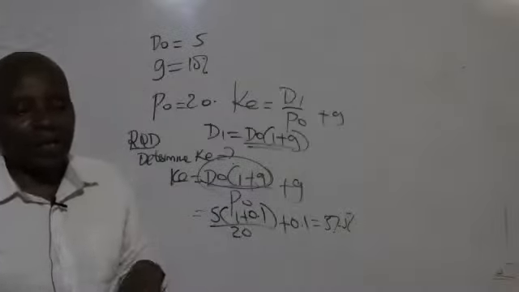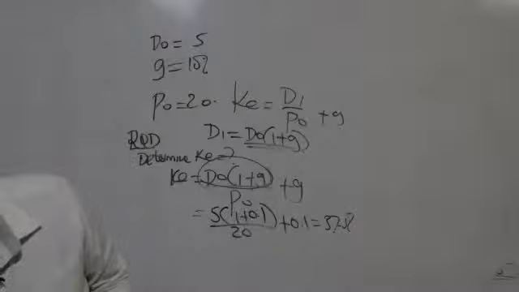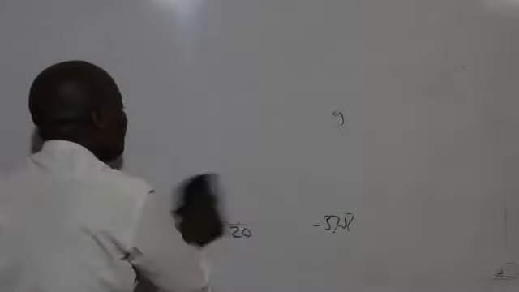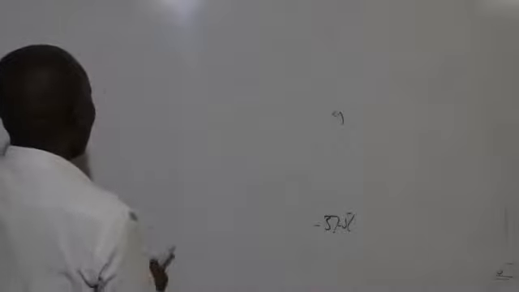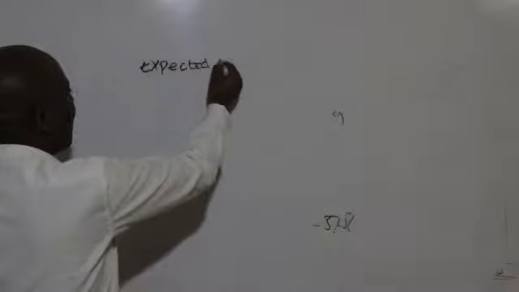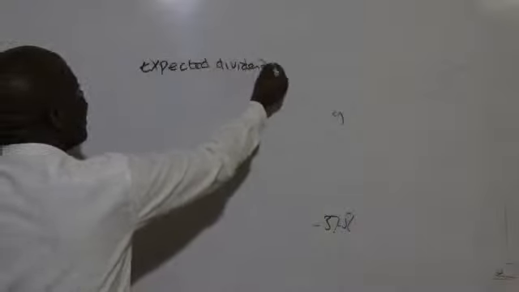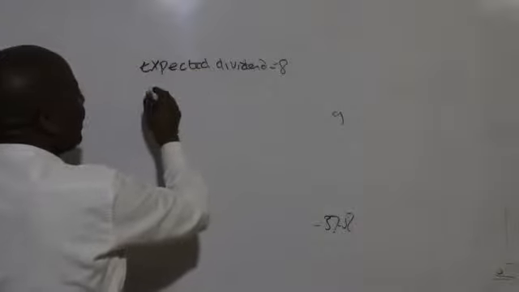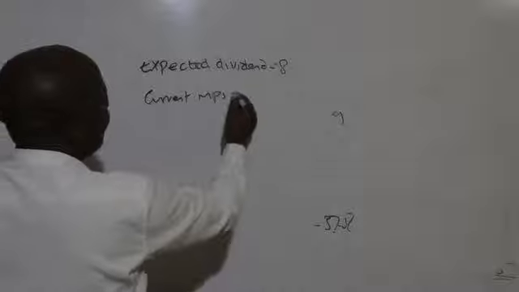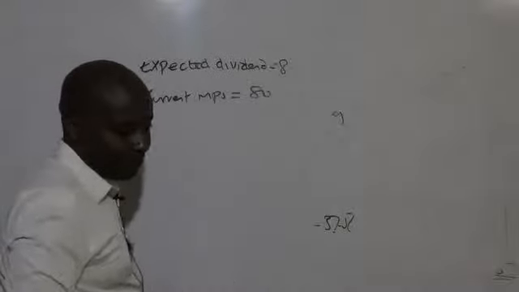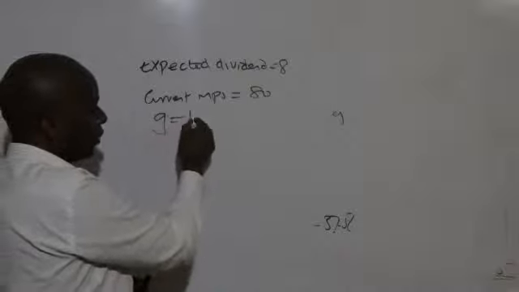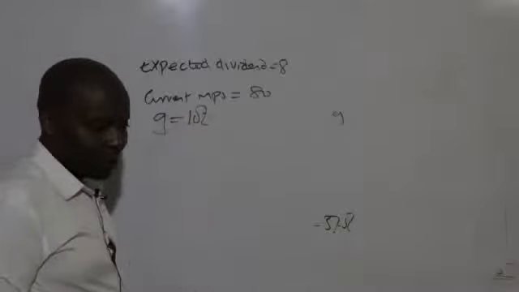I hope I've been able to tell you, now, if you get a question like this, an example: somebody tells you that the expected dividend is 8, then they give you the current market price per share, which is 80, and then the growth rate, which is perhaps 10%.